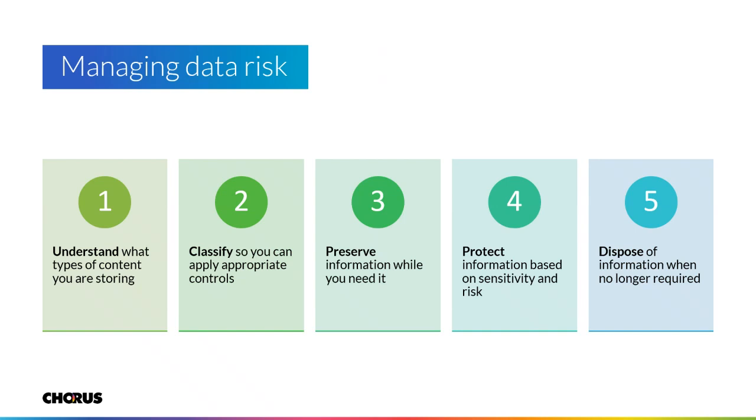And that last one is really key. So the best way to minimize the risk that a piece of information is going to fall into the wrong hands is to delete it when you no longer need it. So in other words, the age of aiming to keep everything forever is hopefully well and truly over.